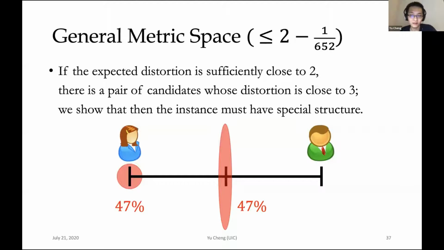So is there some other notion of representative candidates, like maybe for every group of voters, there's going to be some which please them reasonably well?